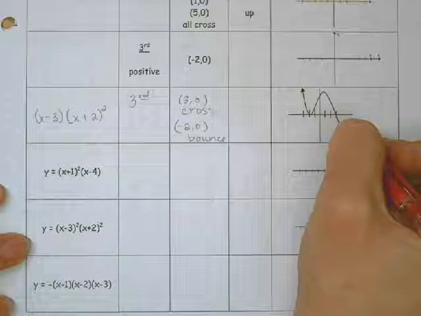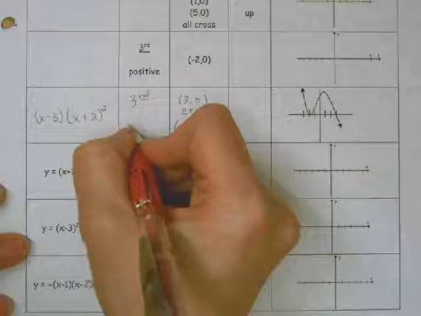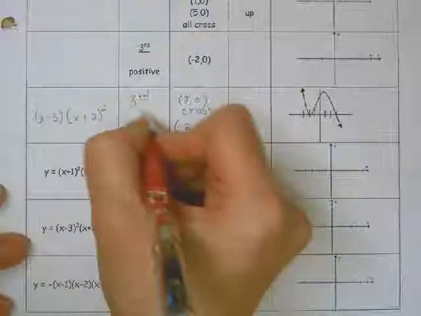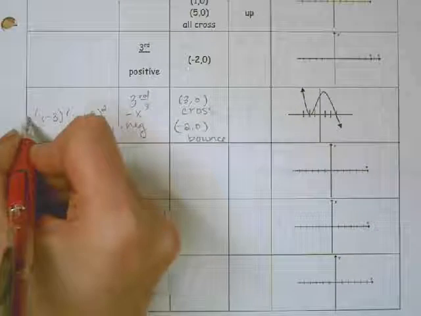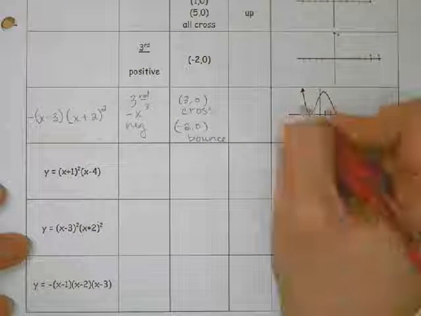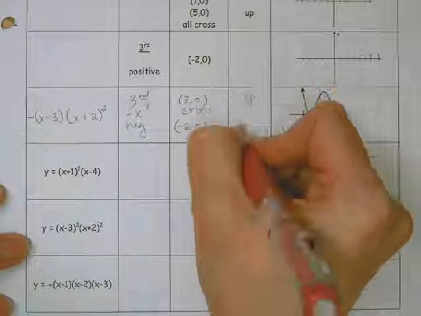We know it's going to be negative because of that ending direction right there. And my leading term would just be x to the 3rd. Sorry, negative x to the 3rd. So I need to add a negative to the front of that equation. And my start and final direction is up and down.